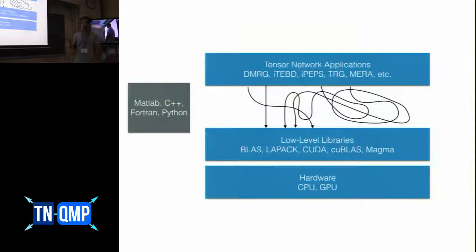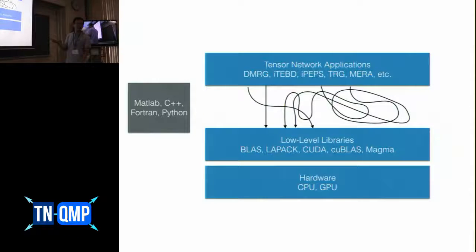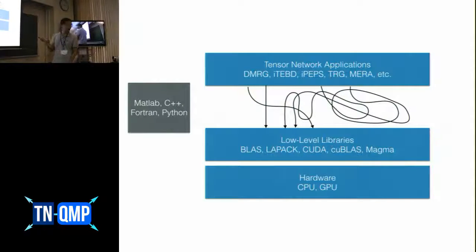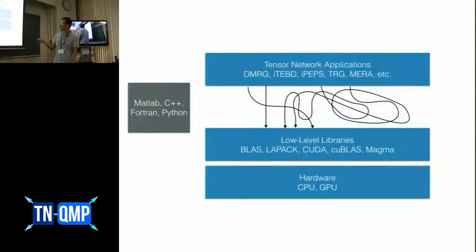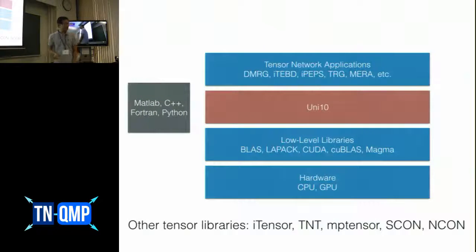Recently, it's Python, and I think some people are trying to use Julia, and I'm not really familiar with that language. But at the end, if you want to do a large calculation, you want to interface with some low-level libraries, say BLAS, LAPACK. We use a lot of GPU stuff, and we want to interface with them. So basically, you have to do this, okay? And our goal is to provide you something like middleware that makes this programming easy.